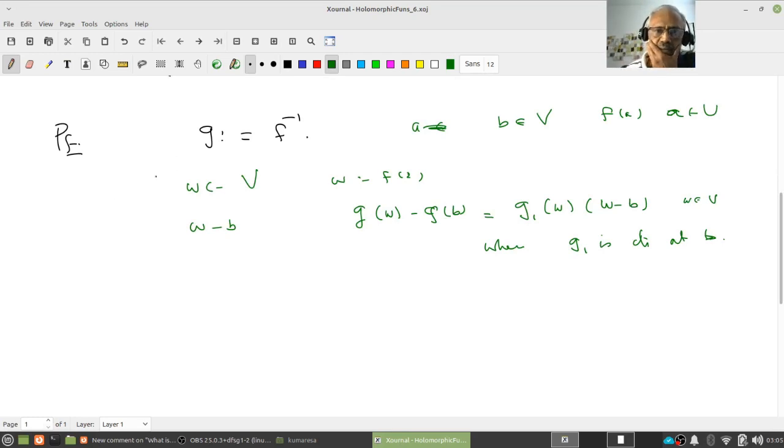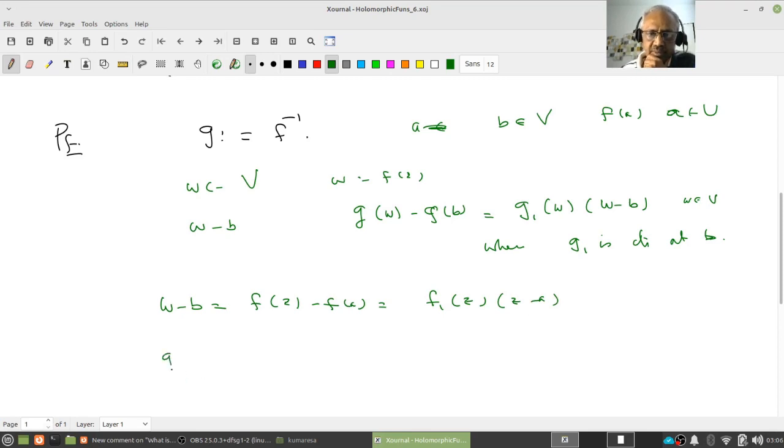Now let's look at w minus b. w minus b is f of z minus f of a, but f is differentiable at a, therefore there exists f1 so that this is equal to f1 of z into z minus a.